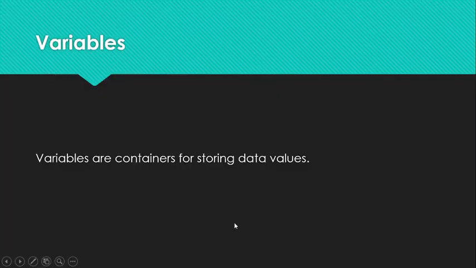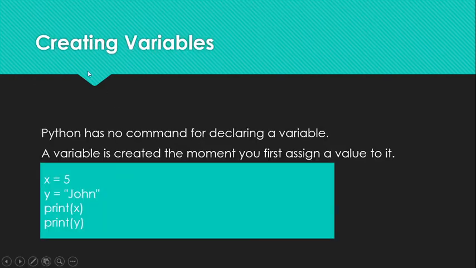Part 1. Variables are containers for storing data values. Now, how to create a variable. Python has no command for declaring a variable. A variable is created the moment you first assign a value to it.